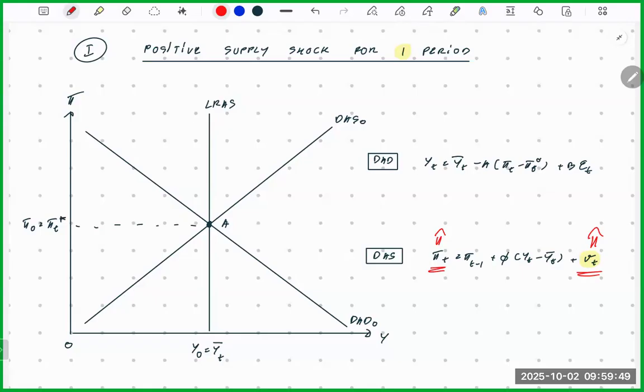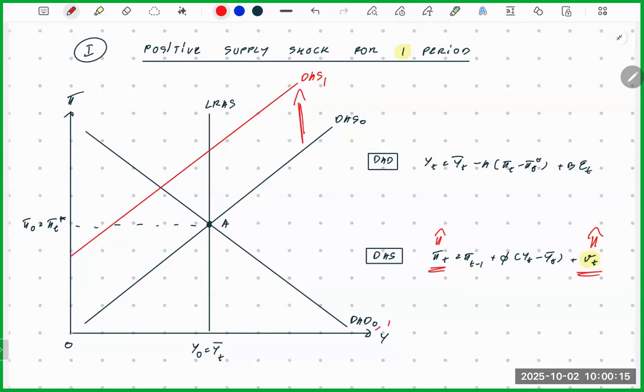So what happened in period 1? Period 1, VT increasing. Cost of production increasing, everything becomes more expensive. Pi increasing, right? So it affects dynamic aggregate supply. Dynamic aggregate supply shifts up. This is the AS1. Dynamic aggregate demand is still the same, comma 1.